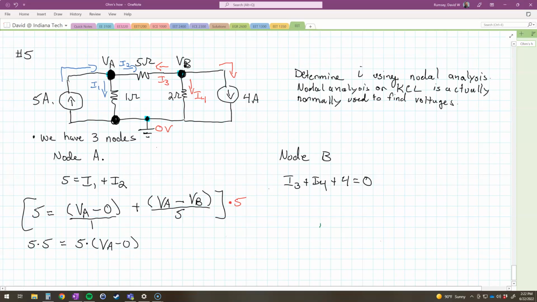But then notice here, if I multiply this by 5, I would wind up with just VA minus VB, because the 5's cancel out. And so I wind up with an equation that's 25 is equal to 5 VA plus VA minus VB.